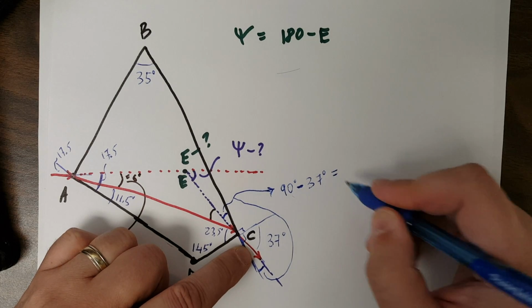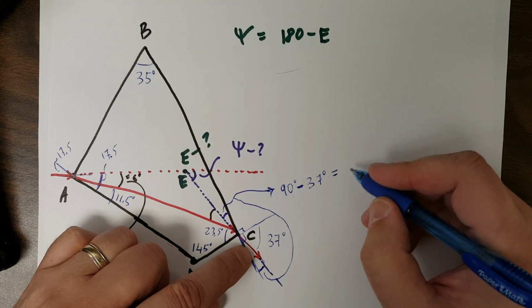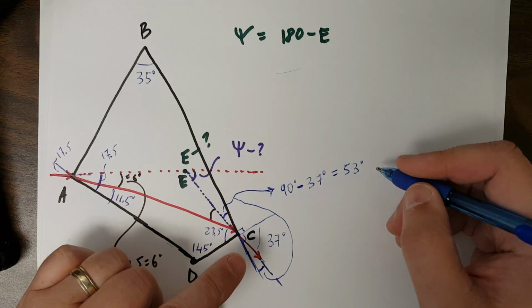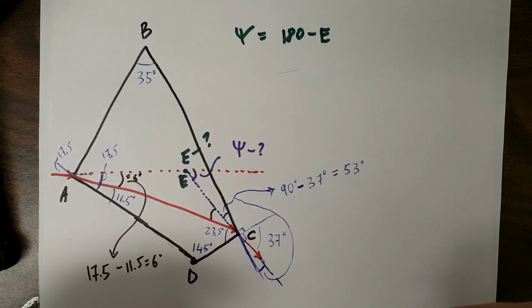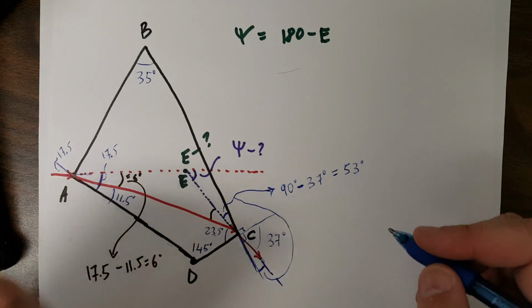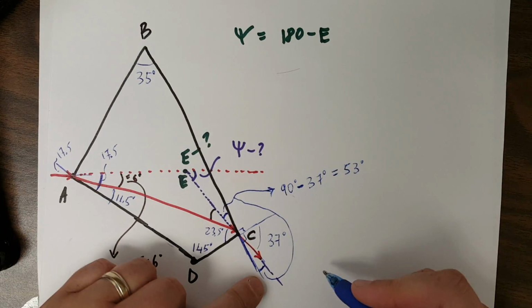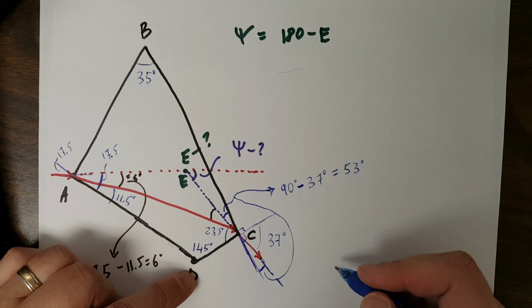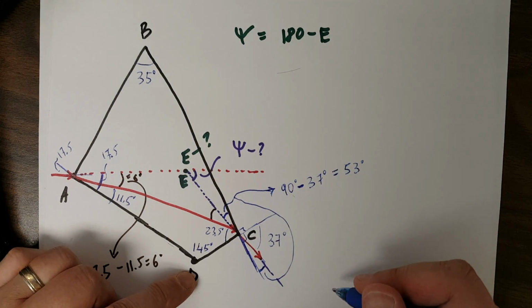So that's got to be equal to 53 degrees. Of course, in the picture it's much smaller, but who cares at this point? Just keep track of numbers. So 53 here, 53 here. That's 53.